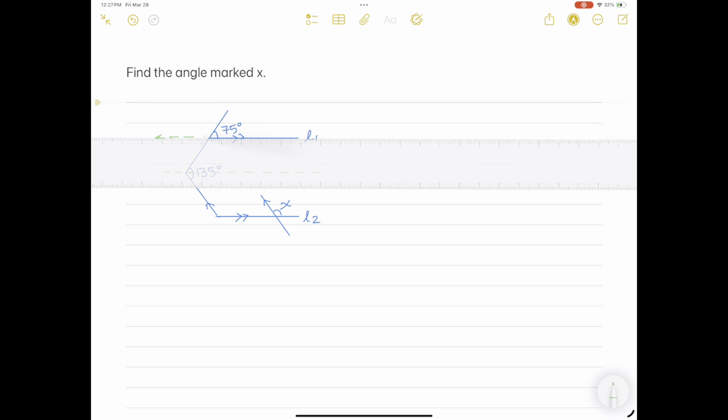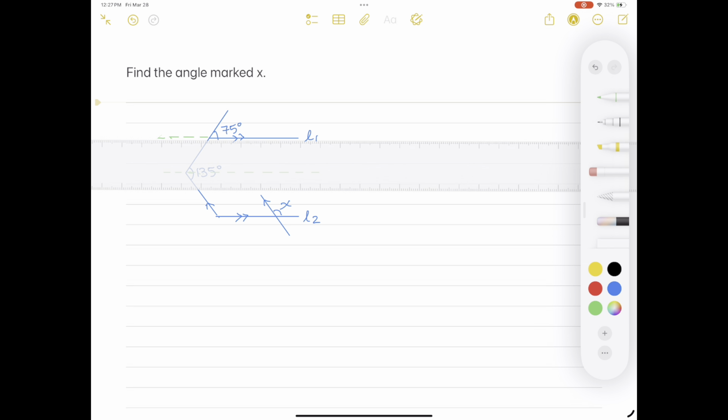That will help me visualize the features of this figure, such as vertically opposite angles, alternate angles, or corresponding angles, so that I can use the features of the angles on the parallel lines and any other available information, along with logic and deductive reasoning, to solve for angle X.